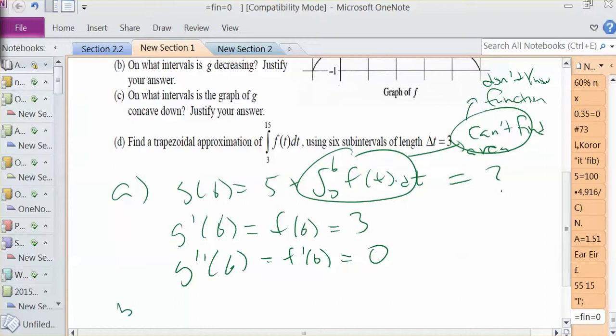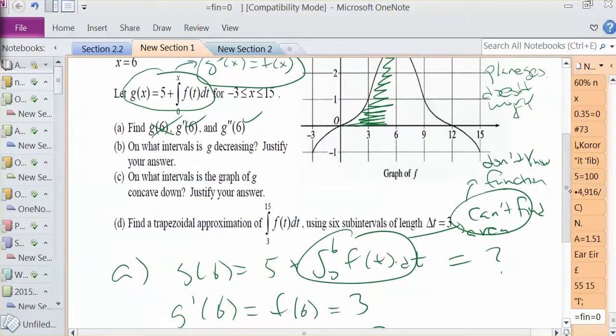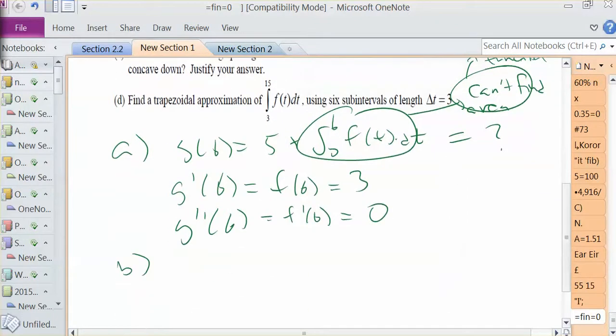For part B, you're asked on what intervals g is decreasing. Justify your answer. So g is decreasing when g prime is negative. That's something that we should know. And if g prime is negative, then f is going to be negative.